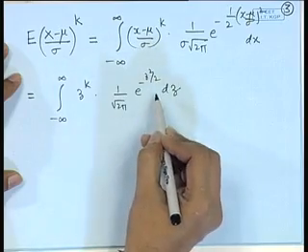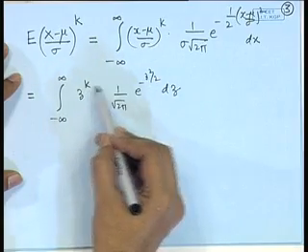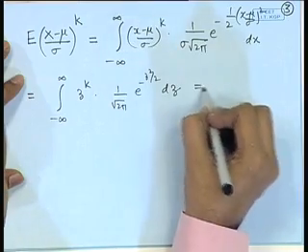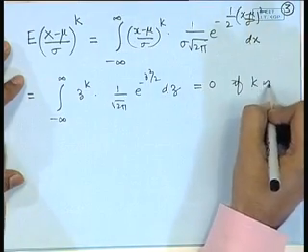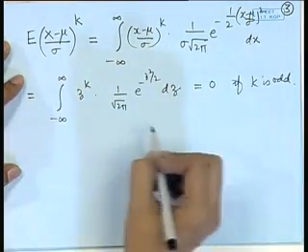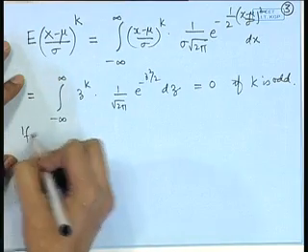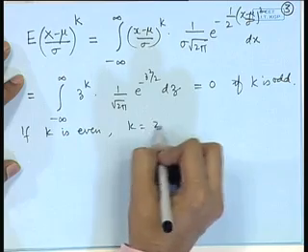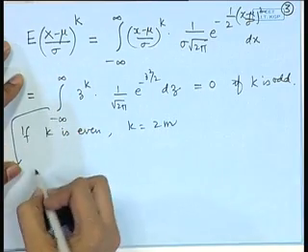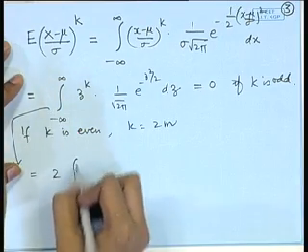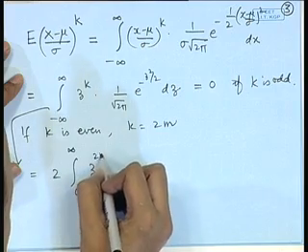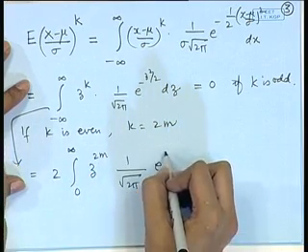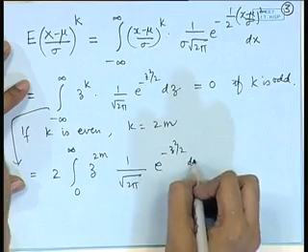If we look at this function, the function is an odd function if k is odd, and therefore this will vanish. So this will vanish if k is odd, and if k is of the form say 2m, then this integral will reduce to 2 times the integral from 0 to infinity of z to the power 2m times 1 by root 2 pi e to the power minus z square by 2 dz.